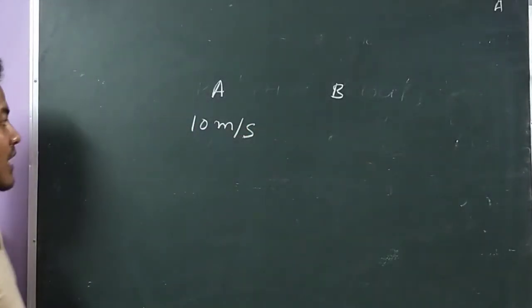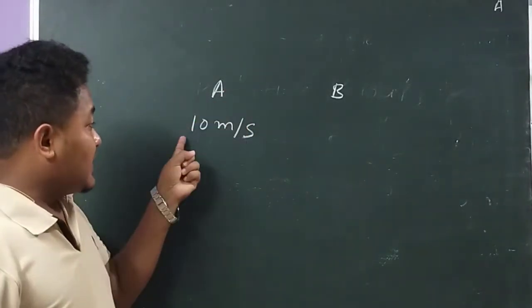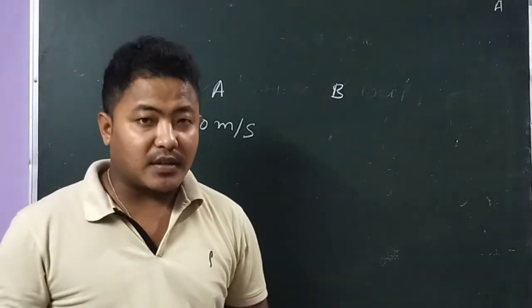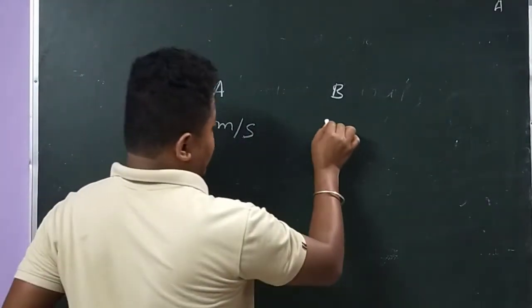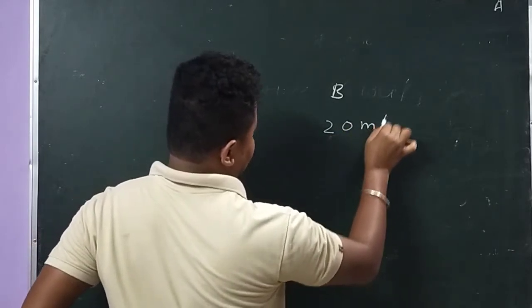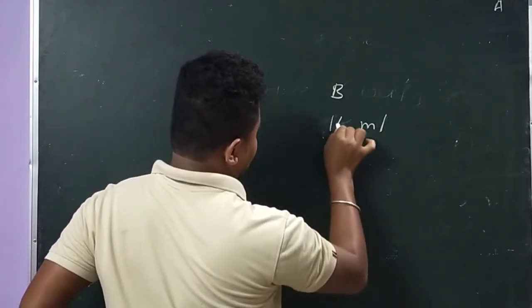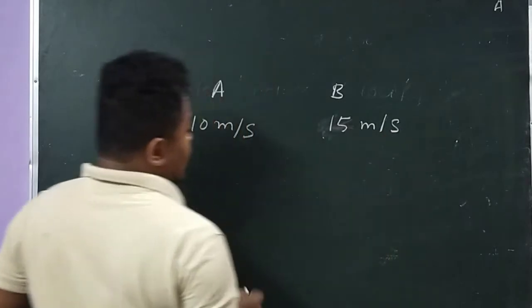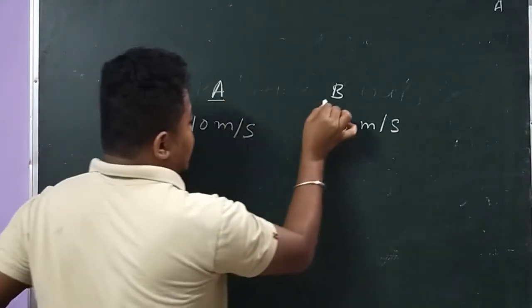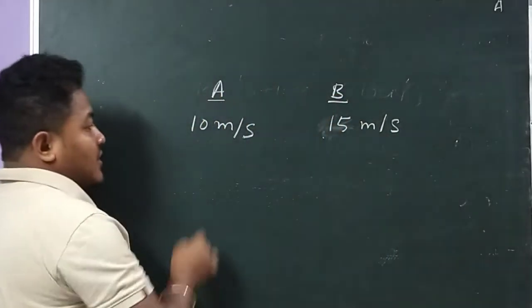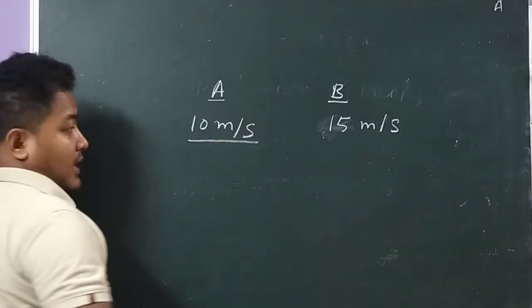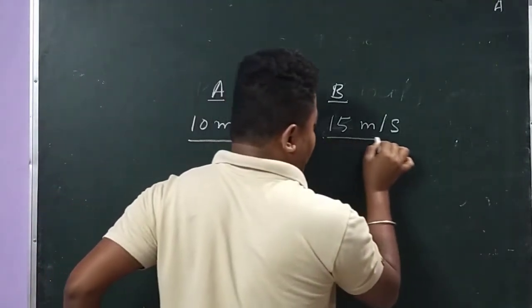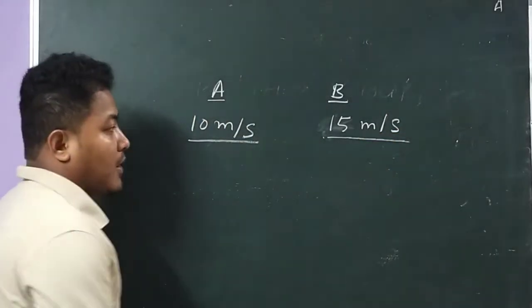The velocity of body B, suppose 20 meters per second, sorry, suppose 15 meters per second. This is the velocity of object A, 10 meters per second, and this is the velocity of object B, 15 meters per second.